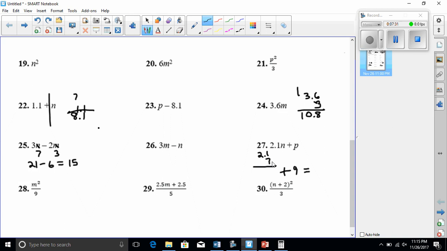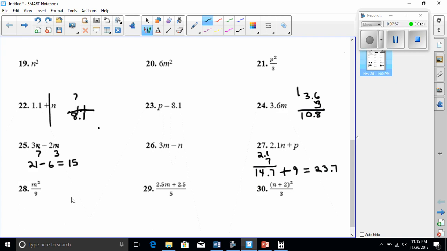So 1 times 7, that's 7. 2 times 7, that's going to be 14. And we have to move 1 decimal back. So now we got 14.7 plus 9. That's going to give me 23.7.